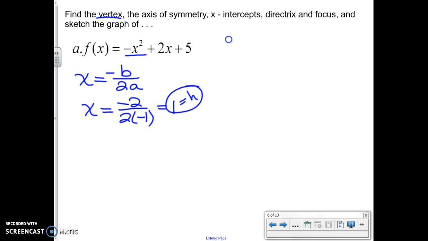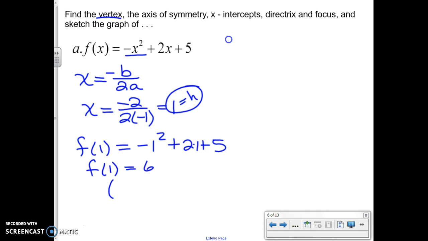It's a point, it's a location. So we have to put the 1 right back in. So I'd evaluate my function at 1, which is equal to the opposite of 1 squared plus 2 times 1 plus 5. And so we get -1 plus 2 plus 5, and so that's going to give us 6. So the function evaluated at 1 is 6, which makes my vertex at (1, 6).